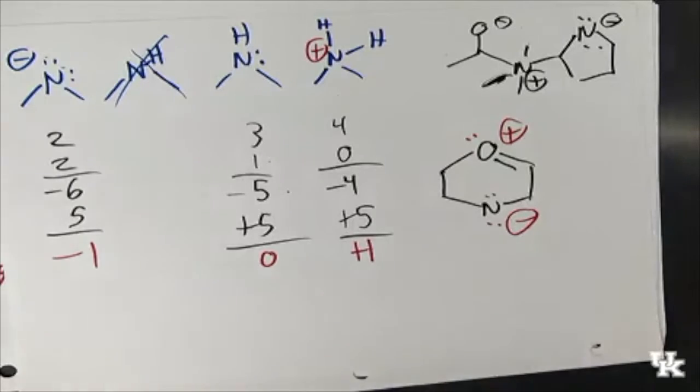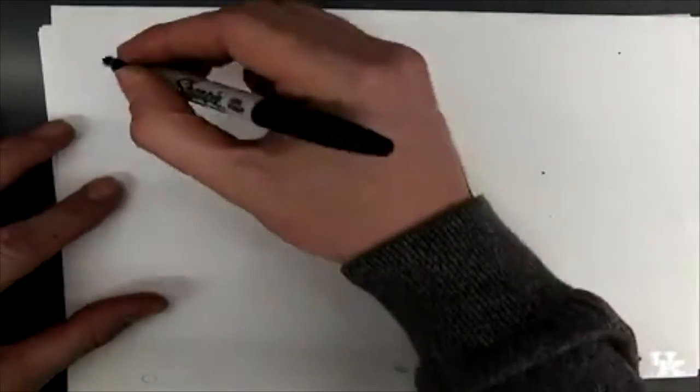Now, let's go back to a fun example that we all enjoyed, and that is 1-propene. Okay? Except, we're going to make this even better, and we're going to call this by another name, and that is the allyl cation.